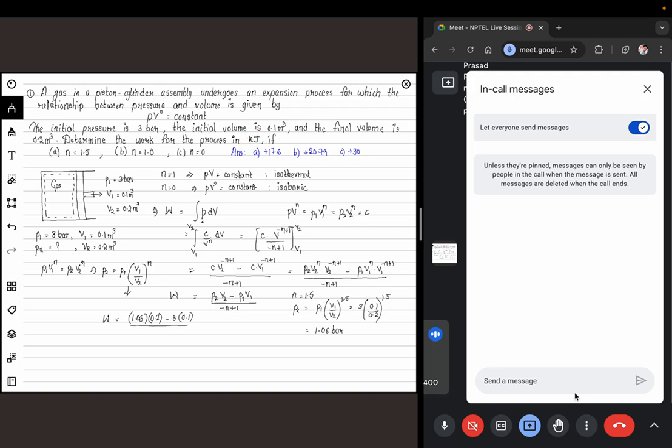So this is in bar times cubic meter, so I have to multiply that with 10 square, divide by 100, so that my answer will be in kilojoules. You can just quickly calculate and tell me the value. So I'm getting a value of plus 17.6 kilojoules.